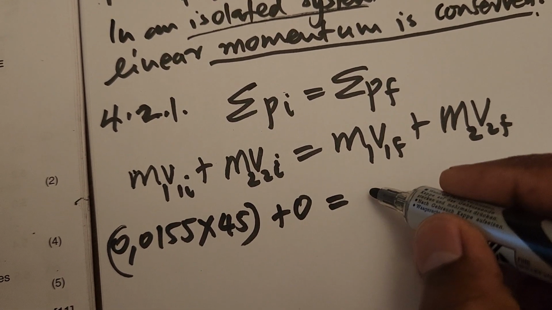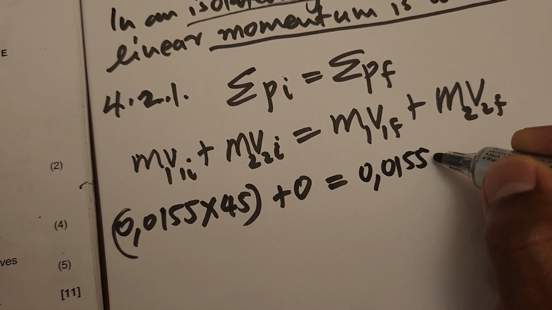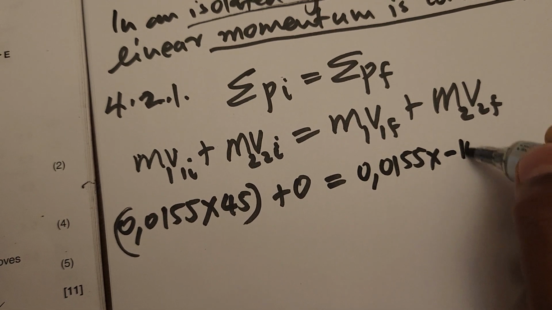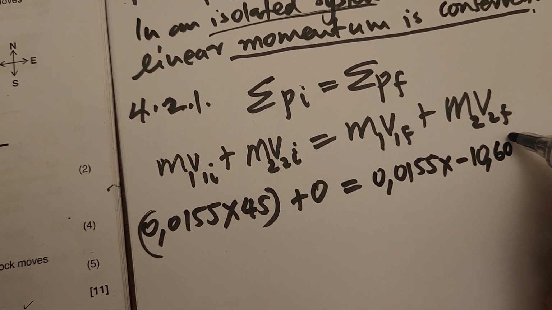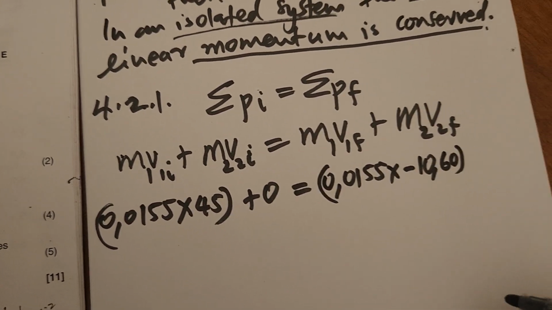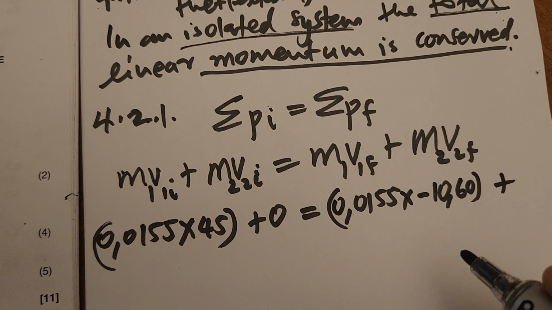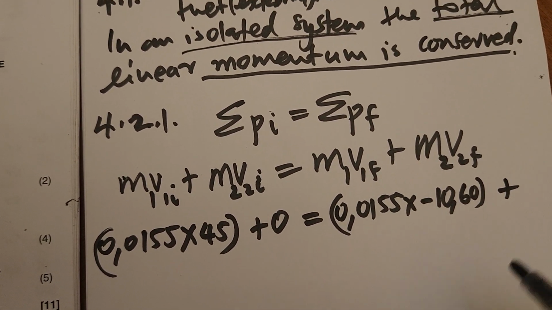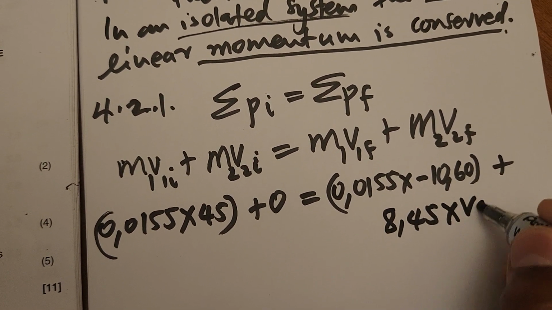And then after collision, 0.0155 was now moving at negative 10.60. Remember, if to the right is positive, to the left is negative, plus the one that we are calculating now, the mass of the block, 8.45 kilograms multiplied by vf.